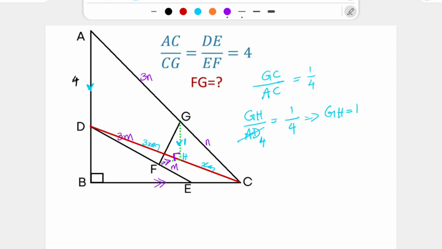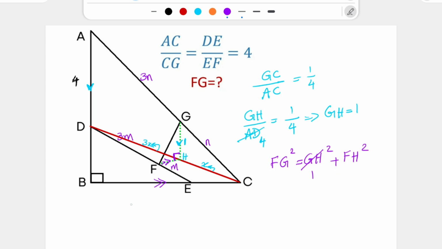So FG squared is going to be GH squared plus FH squared. This is the Pythagorean theorem. Now, we have GH is 1. So our job here is to find FH. How do we find FH?